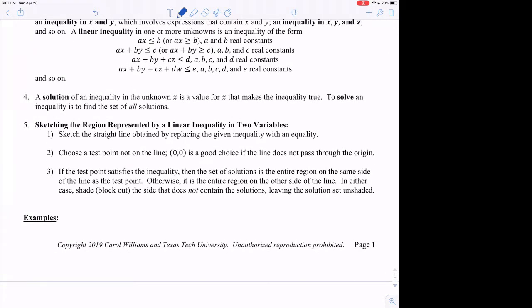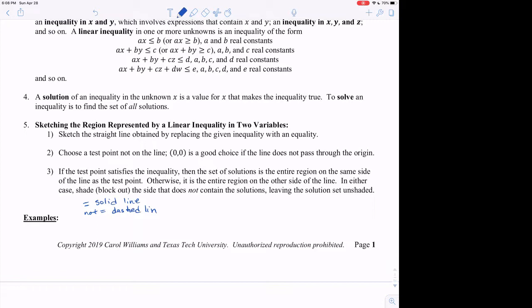So when you sketch your line, if it's equal to, you're going to have a solid line. If it's not equal to, then you're going to have a dashed line. And I think most of what we have is equal to.